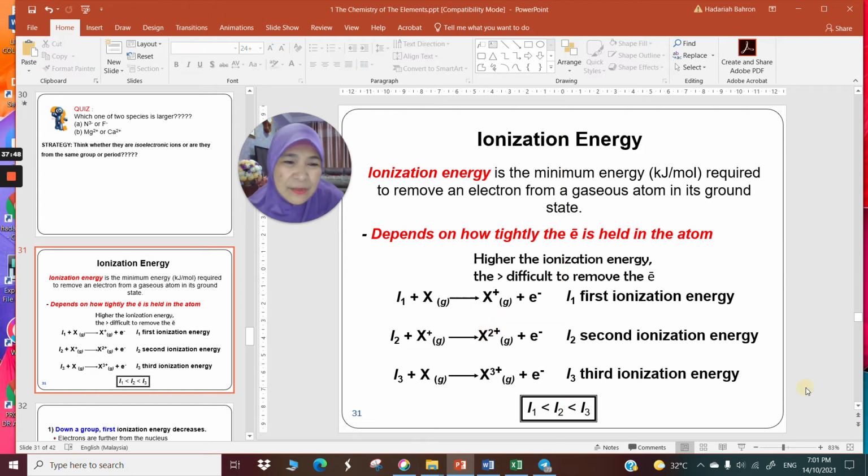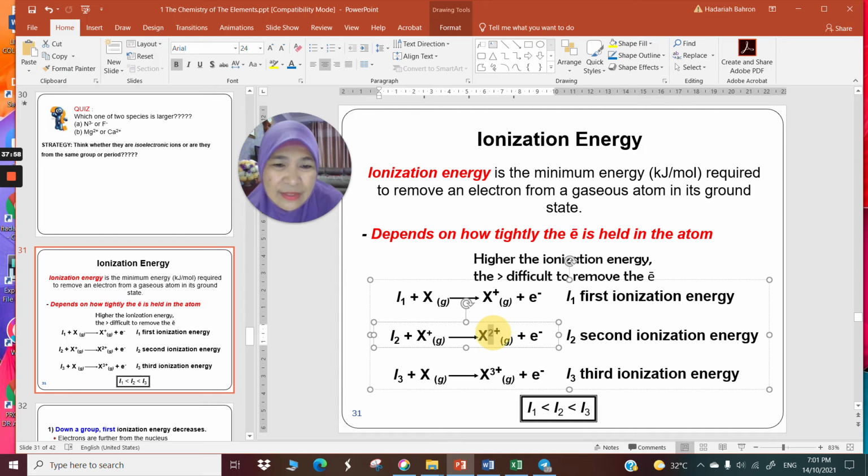When X plus loses another electron to make X2 plus, that is the second ionization energy.